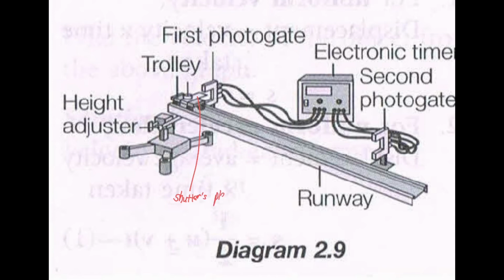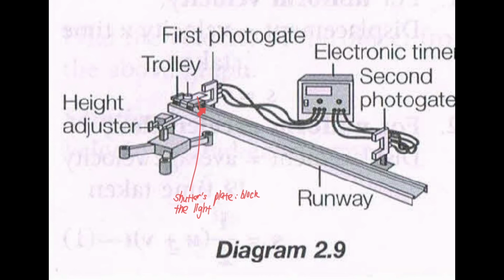The usage of shutter plate is to block the light. It blocks the light when the trolley moves through these Photogate. So this Photogate, there are lights moving from here to here.